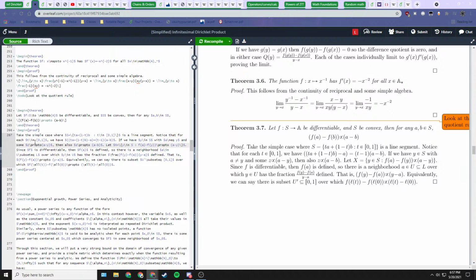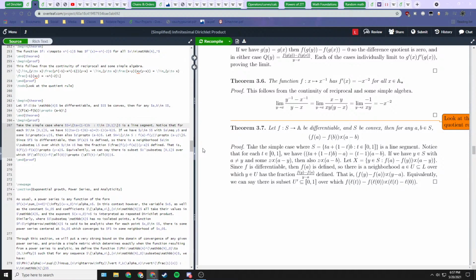So we want to use this fact. We have a line segment, and if you can divide by one of the differences in this set, then you can divide by a minus b. That's what we want to say.